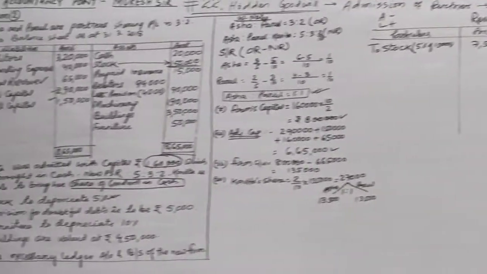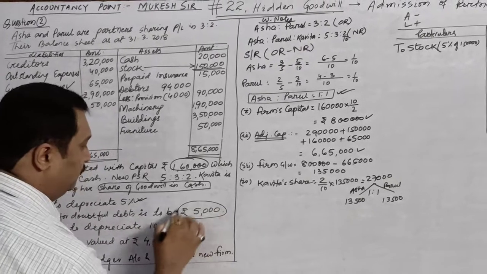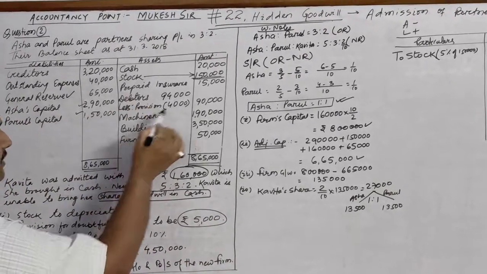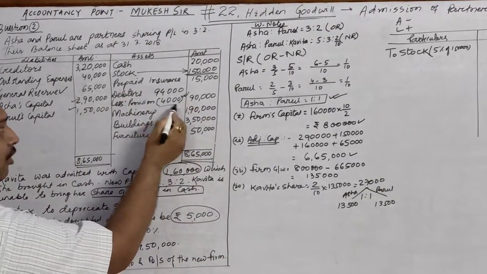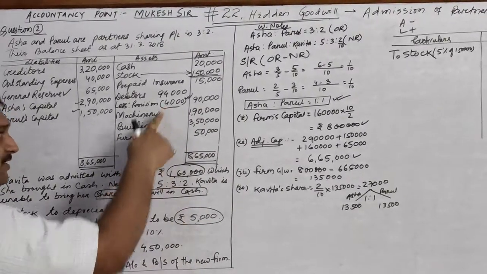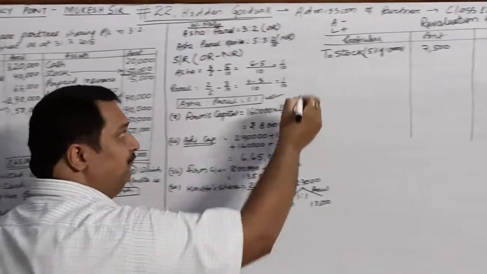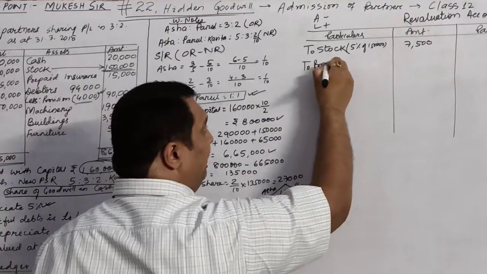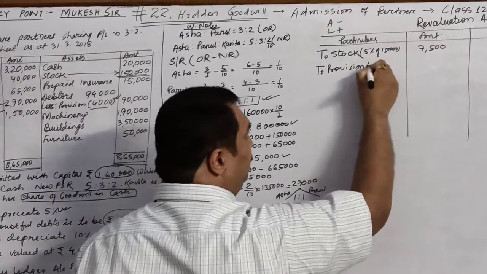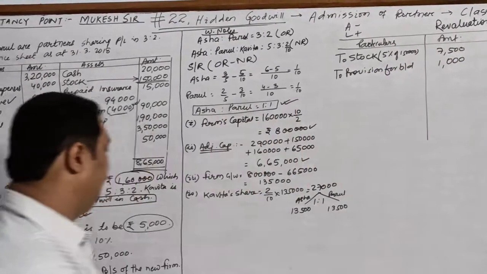Now the second item is provision for doubtful debts to be rupees 5,000. If you look at your balance sheet, you already have a provision of rupees 4,000. And the question says it should be 5,000. That means you have to increase your provision by rupees 1,000. Provision is a liability. You have to increase it. So provision for bad debts, you will increase by rupees 1,000.